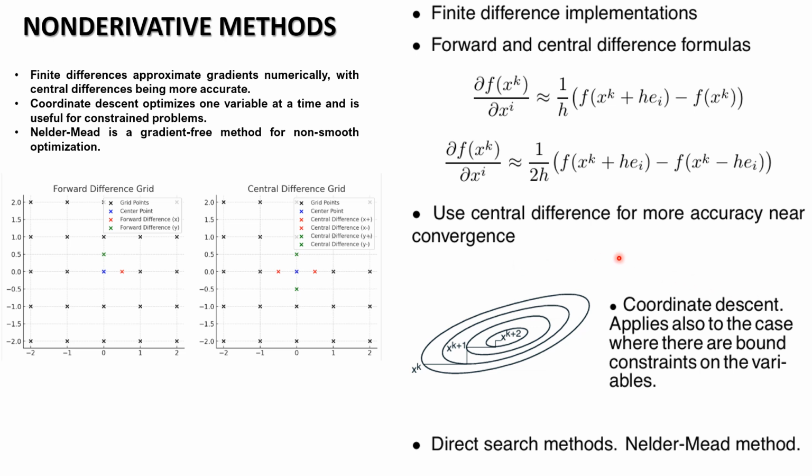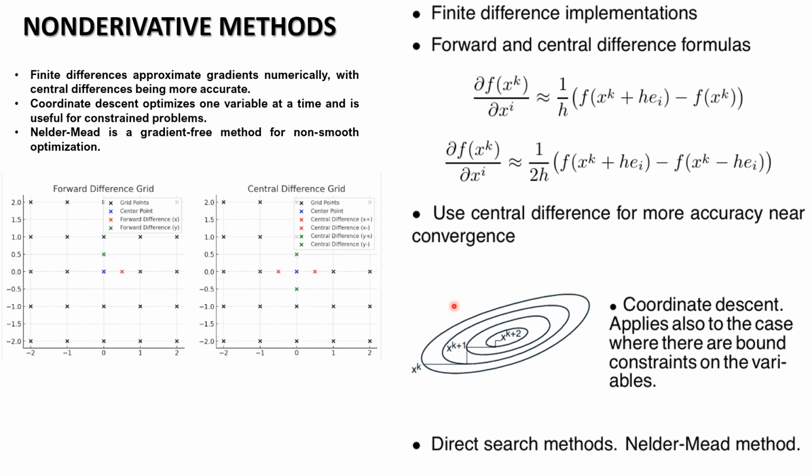Coordinate descent optimization. Instead of updating all variables simultaneously, coordinate descent optimizes one variable at a time while keeping the others fixed. Advantages of this method: it is efficient for high-dimensional problems since each step is computationally cheap, and it works well with bound constraints where each variable has limits, for example, non-negative constraints.